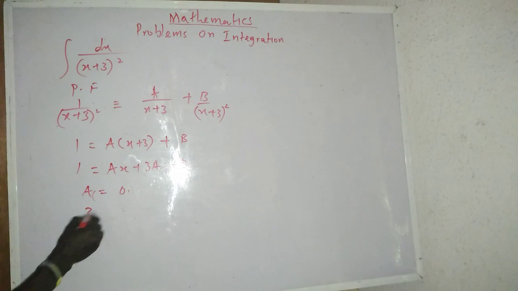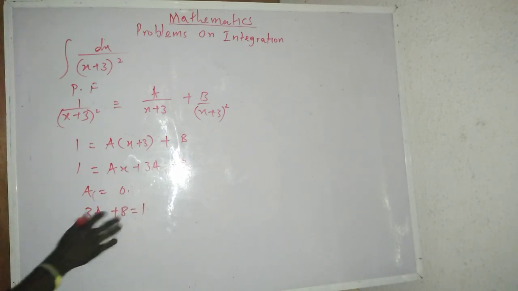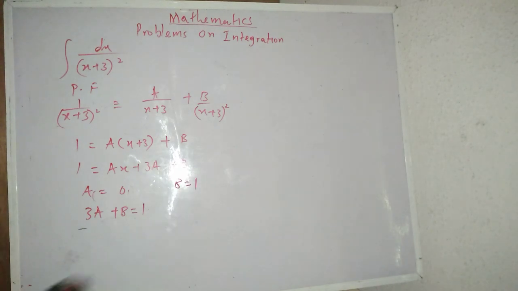Since 3A plus B equals 1 and A equals 0, it means my B equals 1.